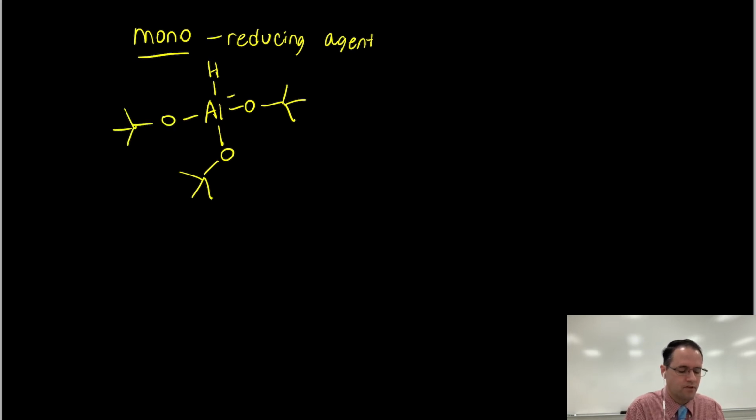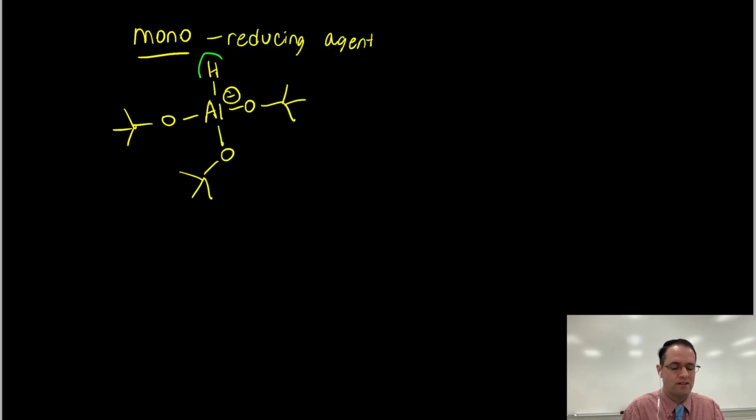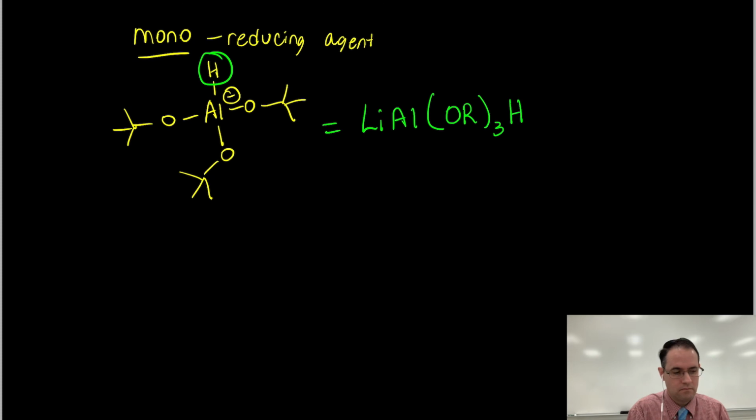The development of this reagent took some time, but we can just think of it as having only one H, so it adds only one time. When this reaction is written down, it has this form, and this is abbreviated like this in the book.